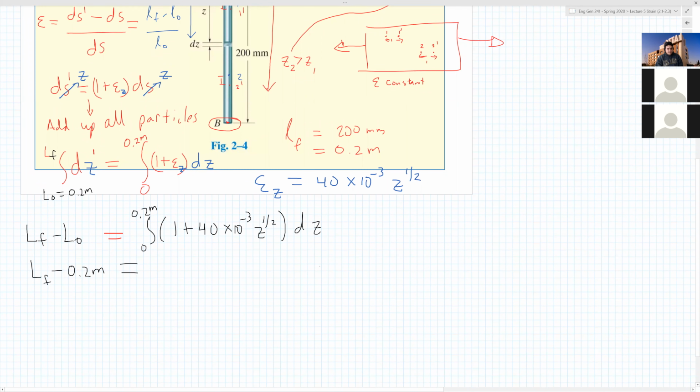So then how do you evaluate this? All right, so how do you evaluate this integral? What is the integral of 1 dz? It's z evaluated from 0 to 0.2, right? 1 plus, let me make sure I did this correct.